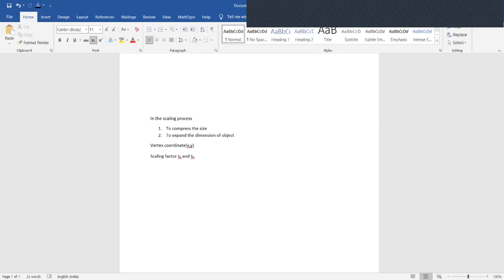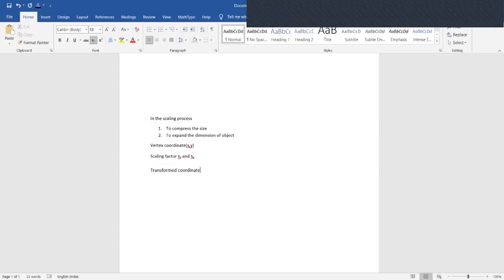To produce the transformed coordinate, earlier the vertex coordinate was termed as x, y. Now how does the transformed coordinate look?